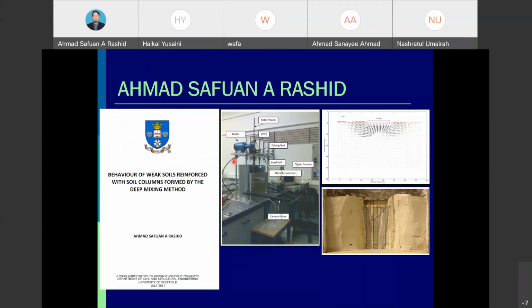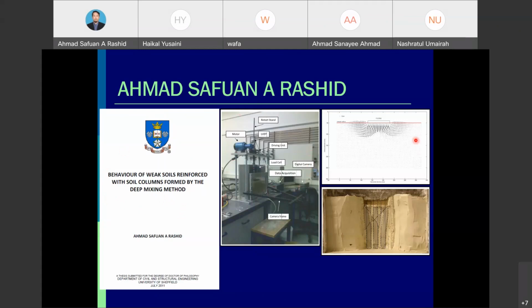So this is my thesis topic: behavior of weak soil reinforced with soil columns formed by the deep mixing methods. It is a part of the ground improvement method. I did this study using small scale physical modeling.